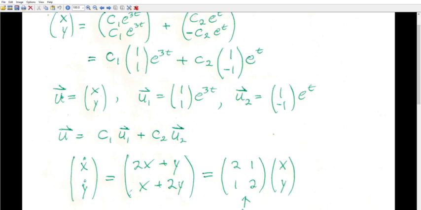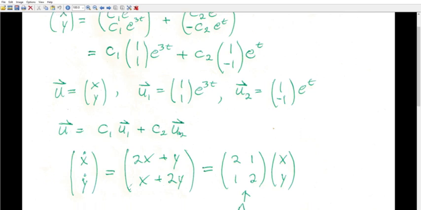And now if we think of u as x, y, and u1 as 1, 1 times e to the 3t, and u2 as 1, minus 1 times e to the t, we see that u is c1 u1 plus c2 u2.